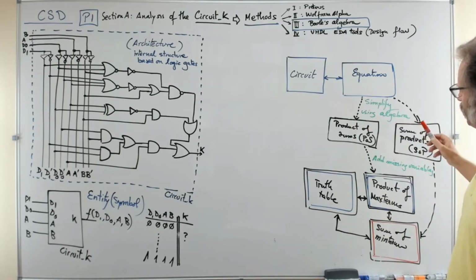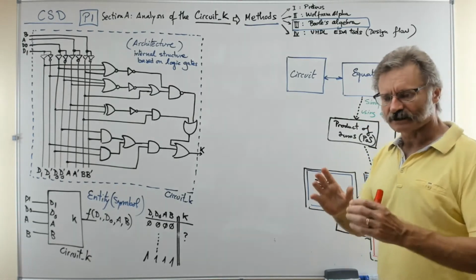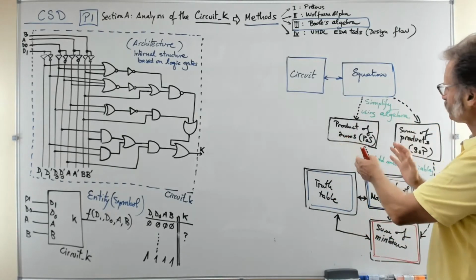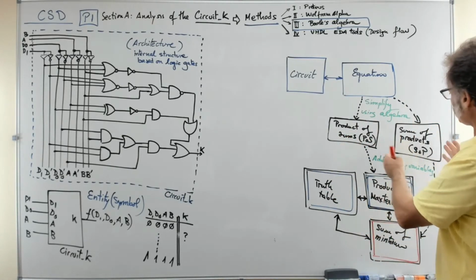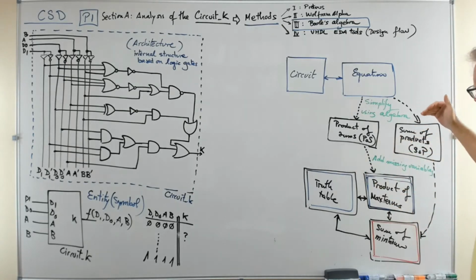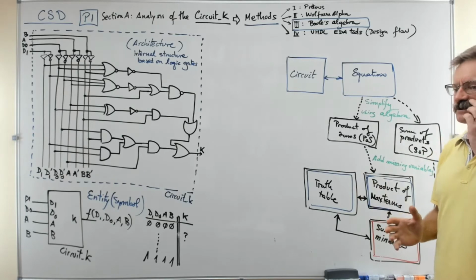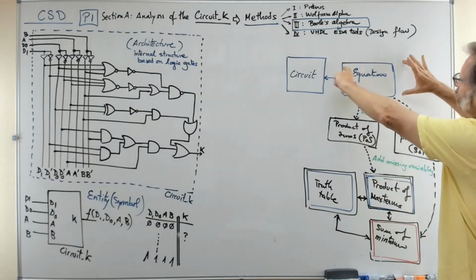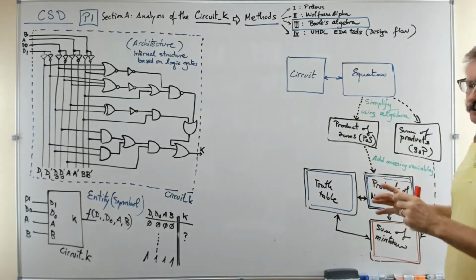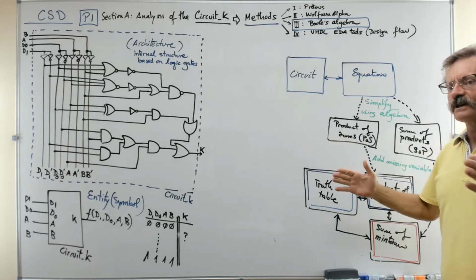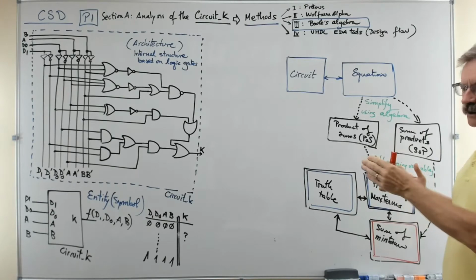In one way or another, in the middle, you will have a concept like the product of sums or the sum of products, doesn't matter which. This is a very simple expression which is perfectly equivalent to the initial one, but a lot simpler. You have simply a product of some sums or a sum of some products.